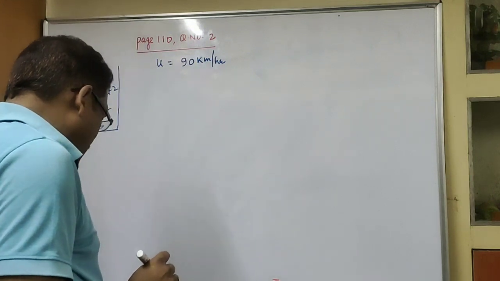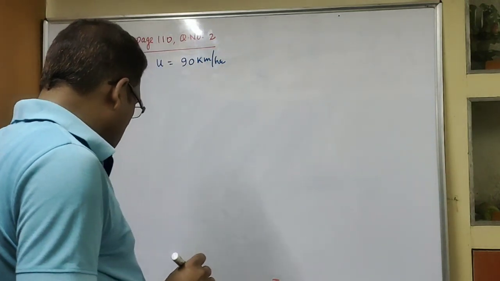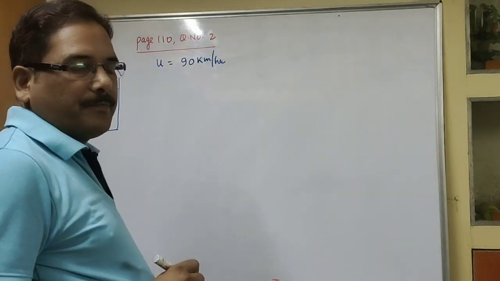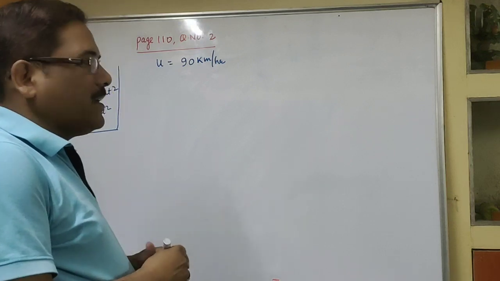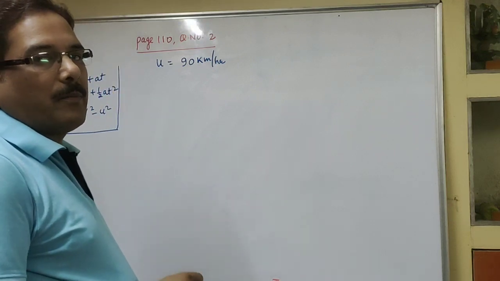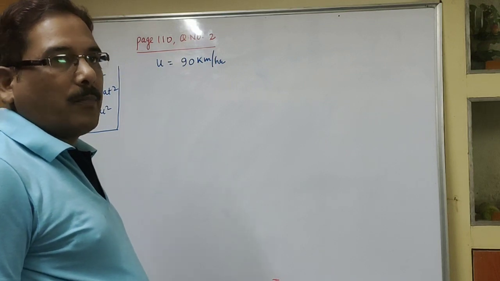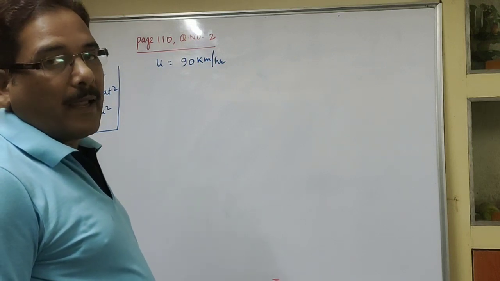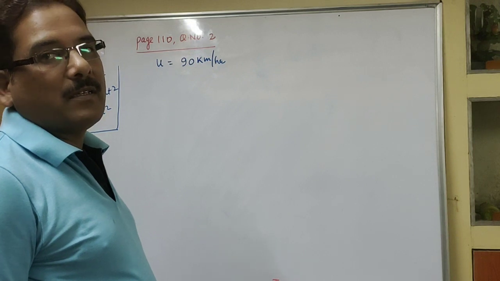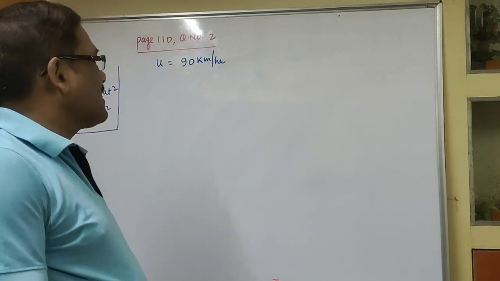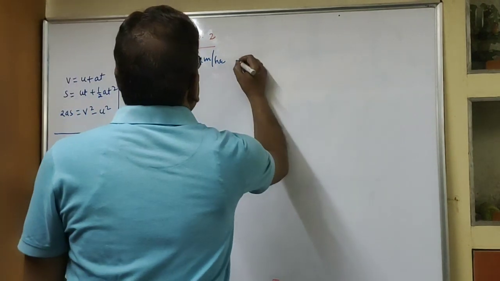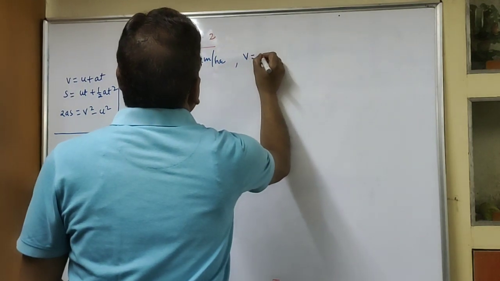Brakes are applied so as to produce a uniform acceleration. Now I have given instructions to solve the numerical problems, and we have written whenever an object is thrown upwards or brakes are applied, the final velocity is 0. So here brakes are applied, it means v is 0.